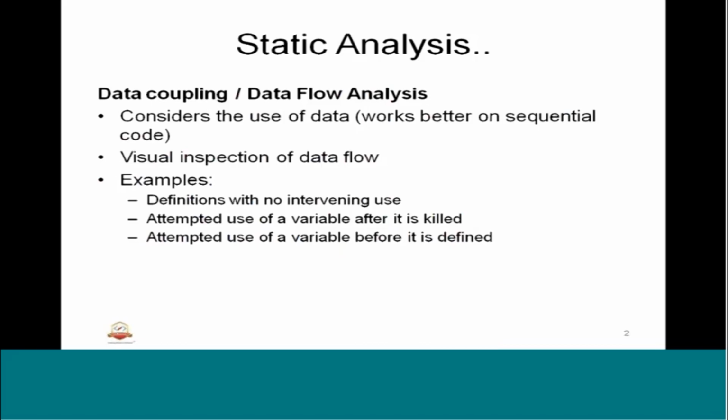In data coupling, it depends on the objects or the data that is being used in the entire software program. Data analysis works better on sequential code. When there is complex code, we need to analyze the data in terms of its usage as well as its flow.